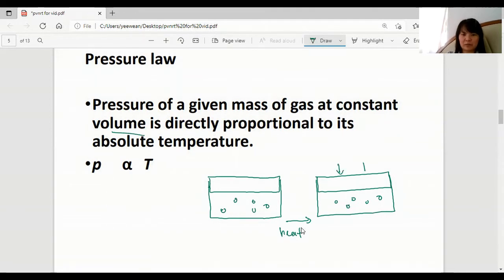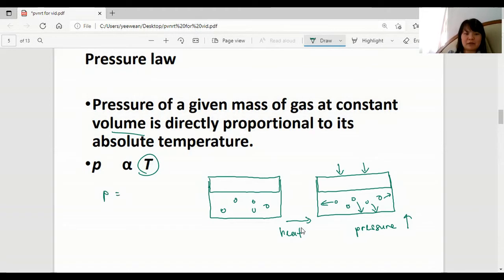So I'm going to press this so that the volume stays the same. If that's the case, there's more heat, more energy, they're going to move more, and hit harder on the wall, exerting more pressure. So the pressure increases accordingly, directly proportional to the absolute temperature.